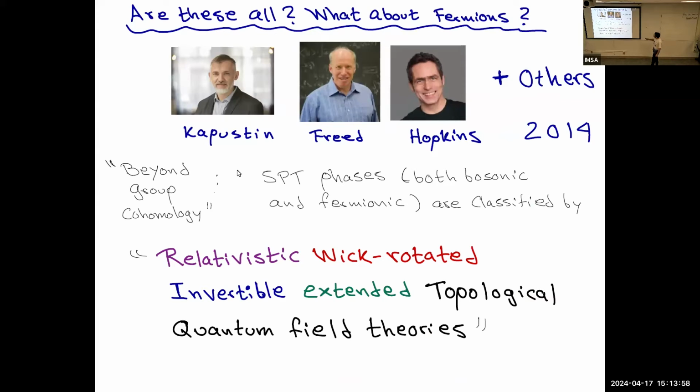So these people, who are also very famous, particularly Anton Kapustin, but these two are mathematicians and algebraic topologists that are also pretty famous, came up with an approach that says, okay, let's go beyond group cohomology, and SPT phases will be classified by this thing here. Let's read this carefully: relativistic, weak-rotated, invertible, extended topological quantum field theories. Exactly. I emphasize particularly these two things, which I will discuss a bit at length.